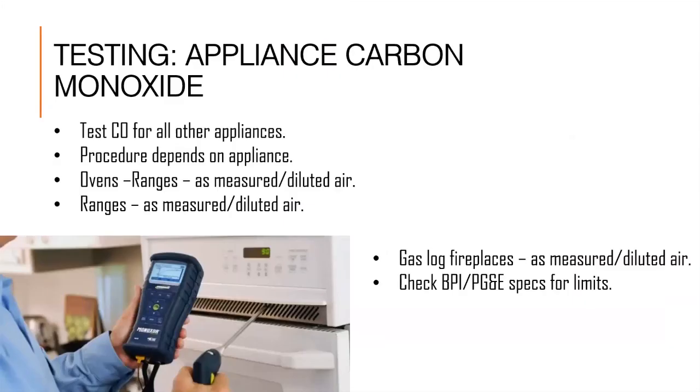Our kitchen appliances and gas log fireplaces use as measured readings on the combustion analyzer. For the location, where to sample the air, and acceptable amounts of carbon monoxide vary from one appliance to the other. So check the BPI and PG&E documents for those limits and locations.